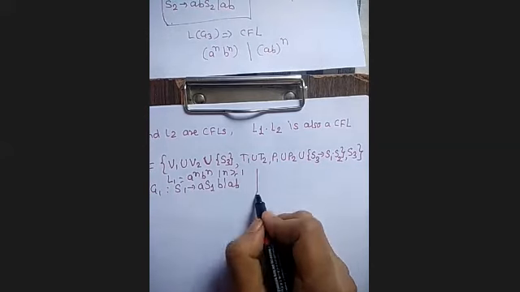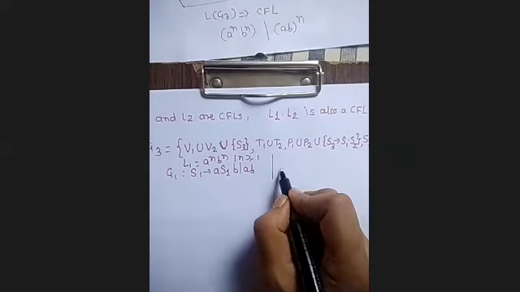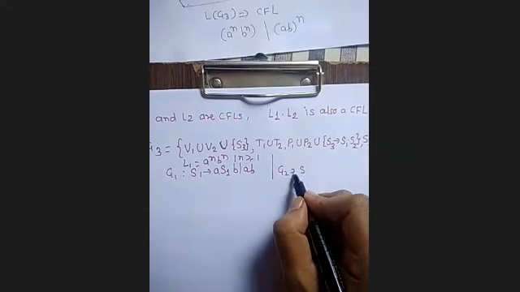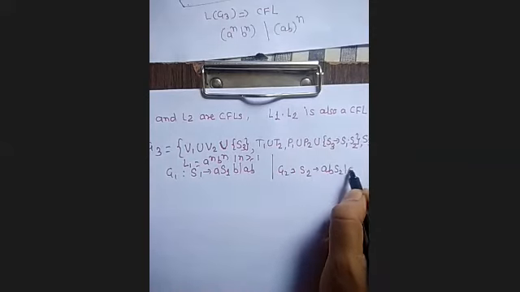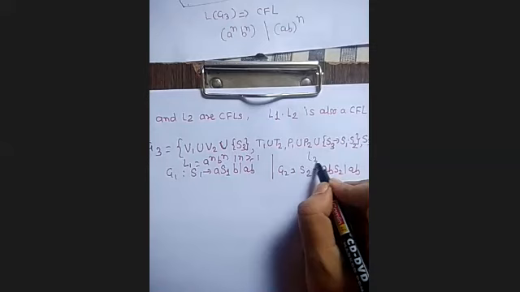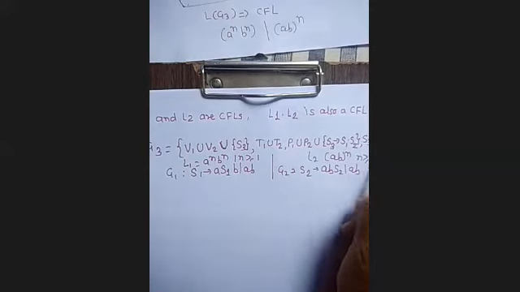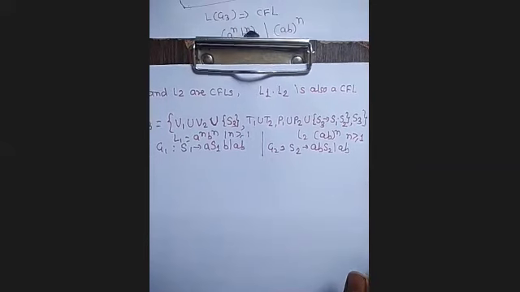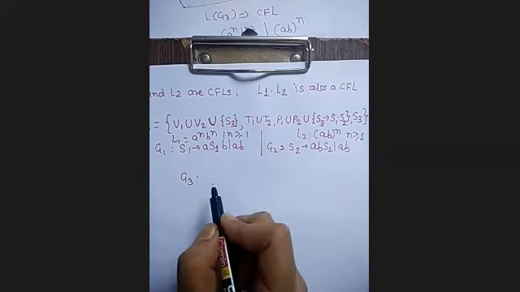Similarly, what I have to do here? G2 is S2 derives AB S2 or AB, and here language L2 is what? AB to the power n, where n is greater than or equal to 1. Okay. So what is our G3 now? G3 is the concatenation of these two.